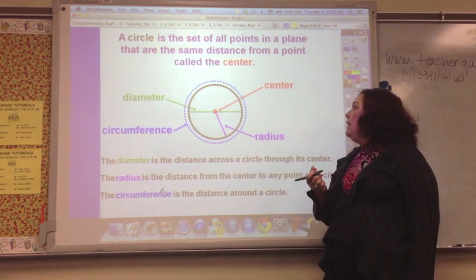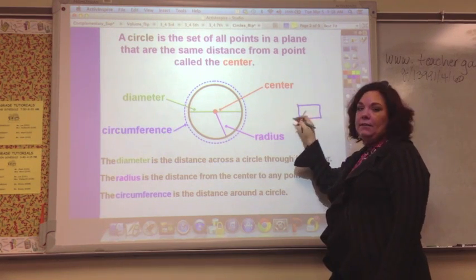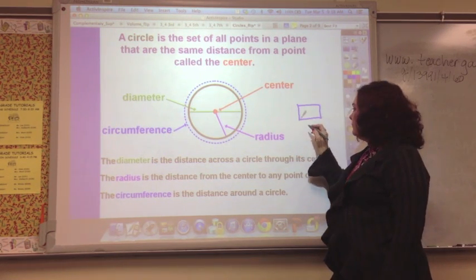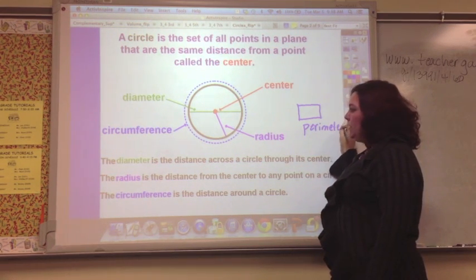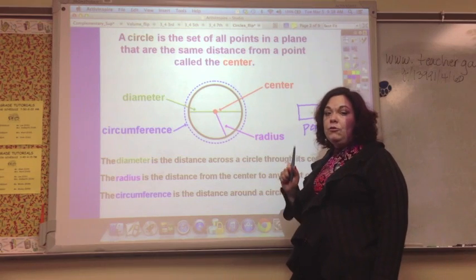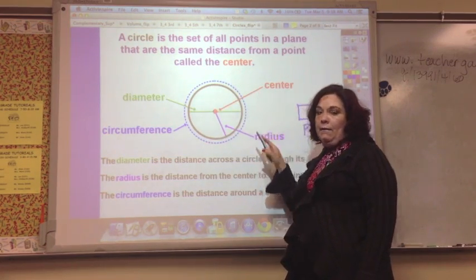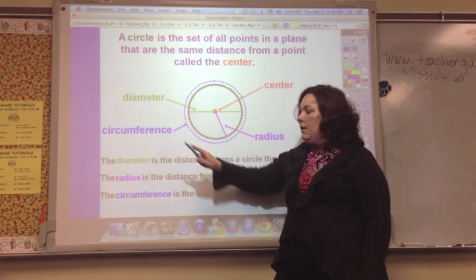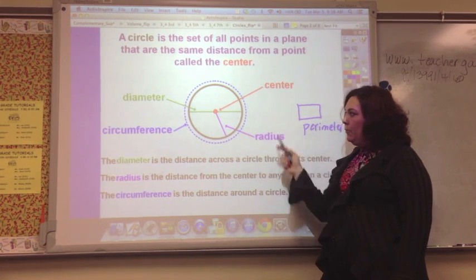So if you have a rectangle, the distance around the outside is called perimeter. In circles, circles are so special that they have a special name for the distance around the outside of the circle. It's called circumference. And it is the distance all the way around.